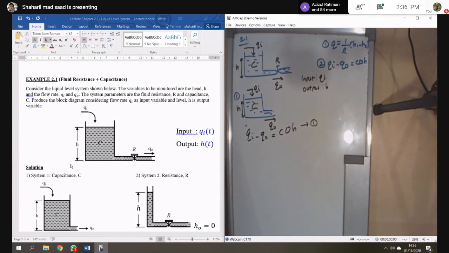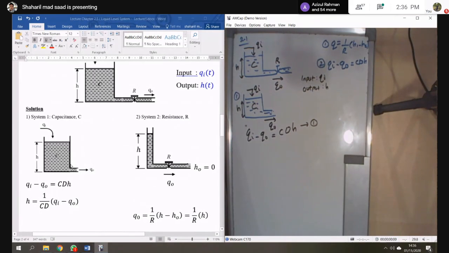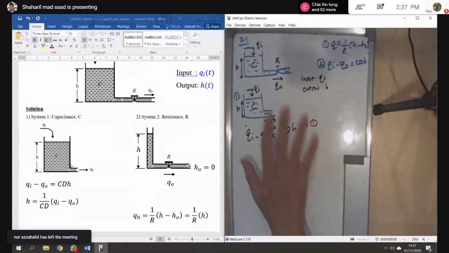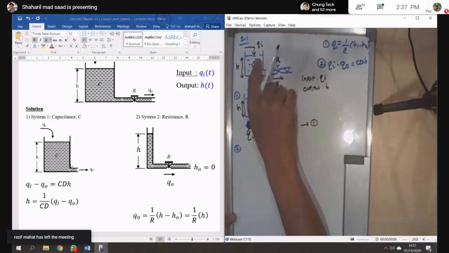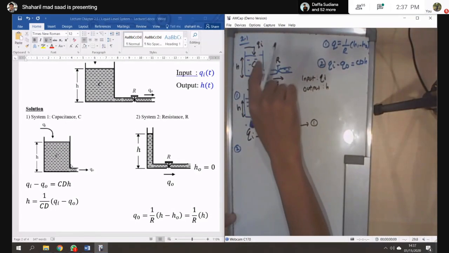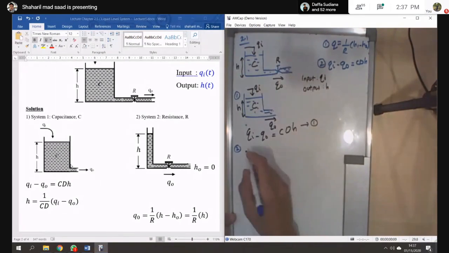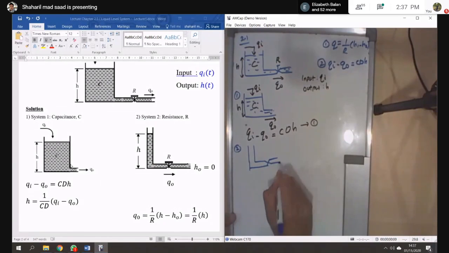Okay, so far so good? Understand? Good. So number 2, now after you go to the capacitance, it will go to the resistance here. Then you need to draw it again. For this system, I advise you to draw it.